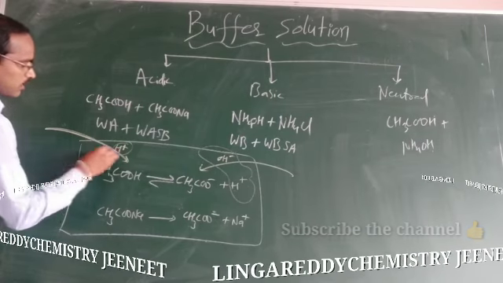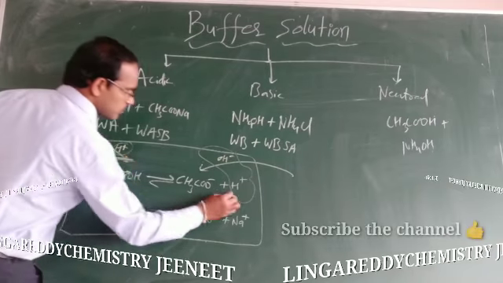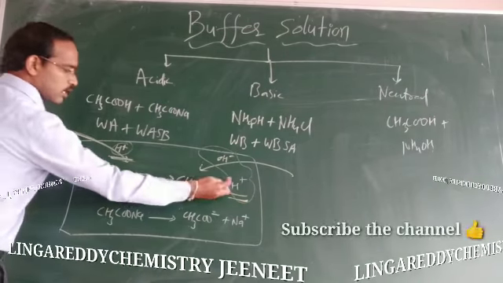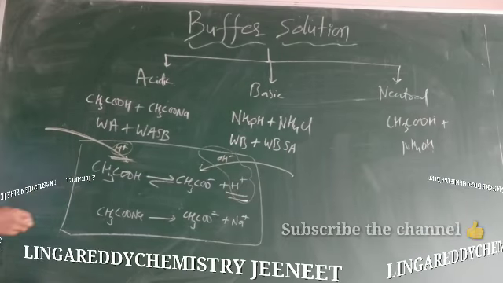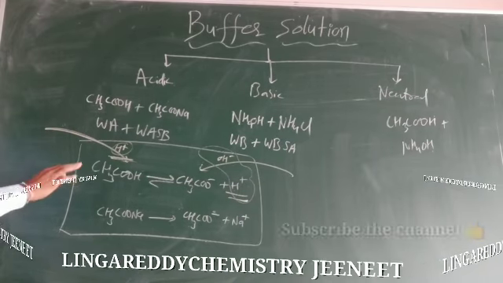Then these H plus ions, see here, H plus ion, this one also H plus ion, due to the common ion effect, combine and form acetic acid. Therefore, there is no resultant increase of H plus ions in the solution.